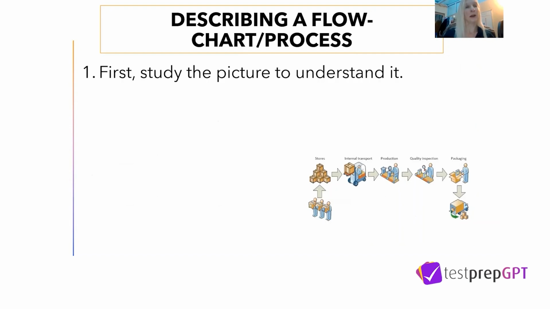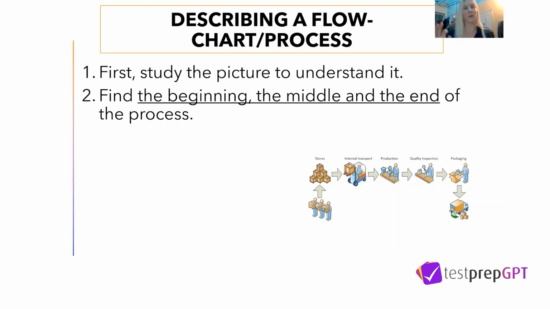So how do we describe the flow chart? We'll firstly examine the chart, the pictures, and try to understand what's going on in the pictures. And of course, there's always a beginning, a middle, and an end. So if you follow the arrows or follow the motion of the images, you'll get an idea of where it starts, where it continues, where it ends.